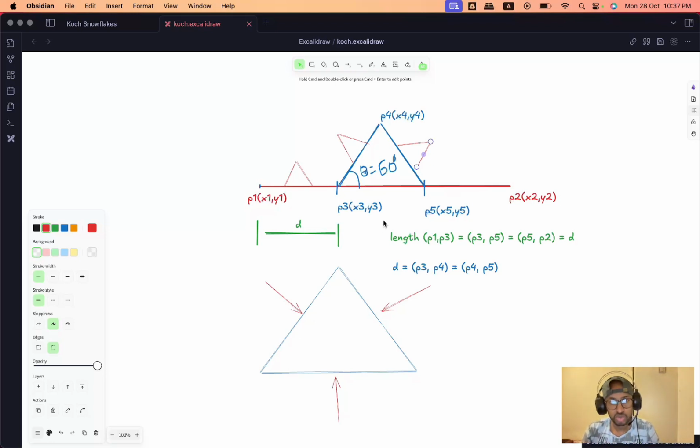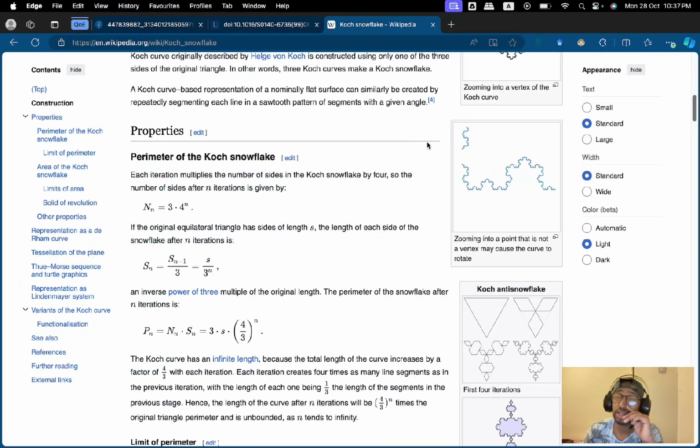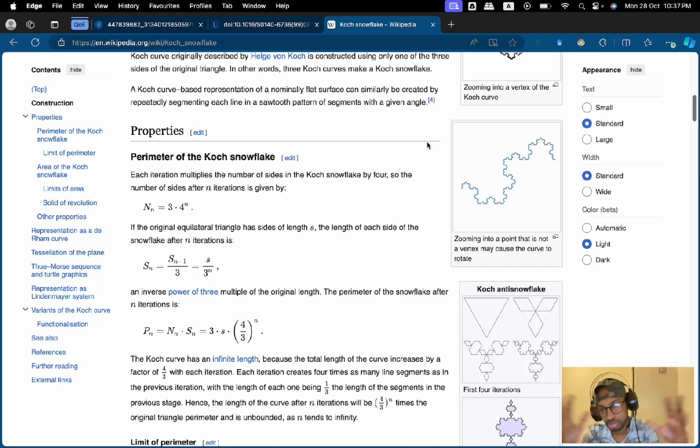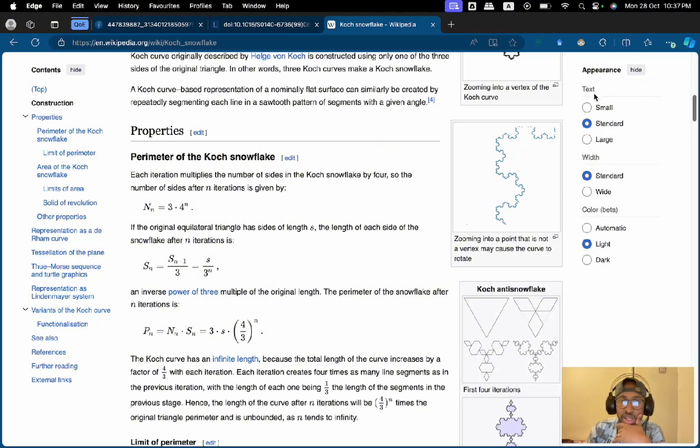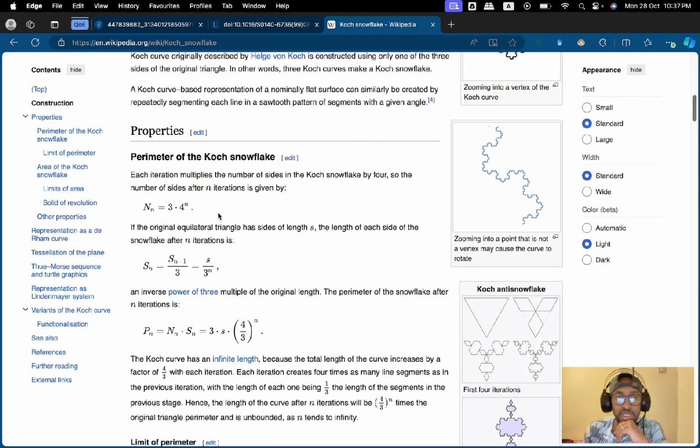So that means we need to have some way to store the segments. So we can allocate, just for example, a fixed size array of some arbitrary number, or we can know. So one of the properties of the Koch snowflake is that given the number of iterations, the recursive depth, we can know how many segments can be created.